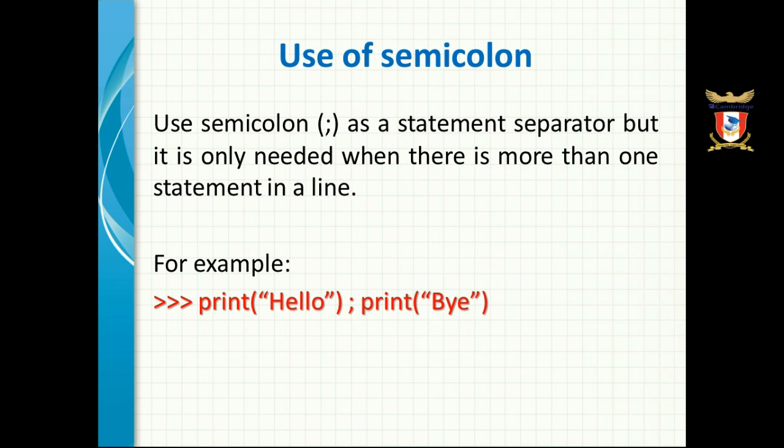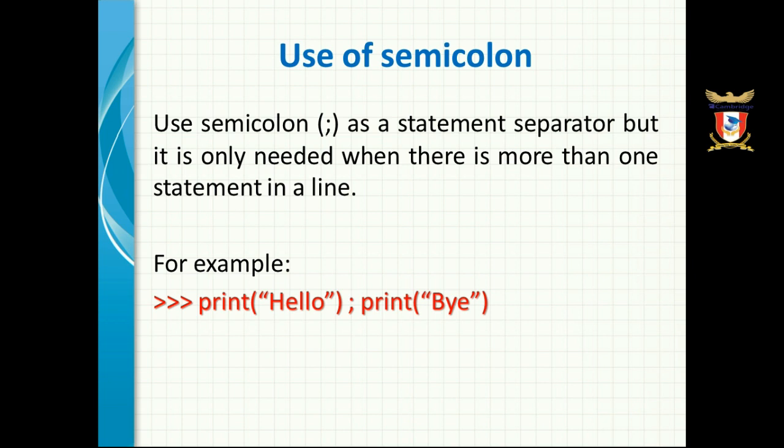And next we'll discuss the use of semicolon. Use semicolon as a statement separator, but it is only needed when there is more than one statement in a line. In general, in any language, semicolon is always used for termination of a statement.